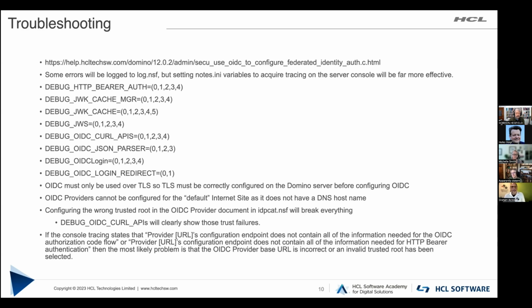Although we recommend using the base URL, if you find the provider's well-known endpoint and paste that full URL into the base URL, that will work. But if you see complaints that the configuration endpoint doesn't contain all of the right information, you probably have the wrong endpoint, or else you're pointing it to someone who doesn't actually support OIDC.